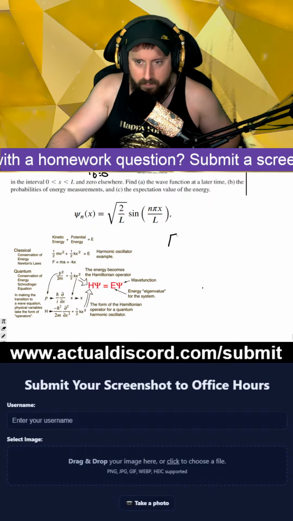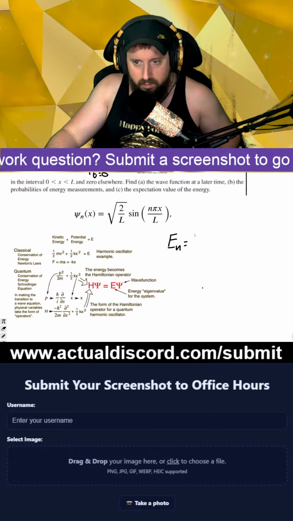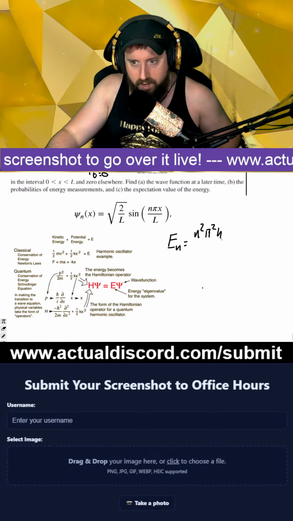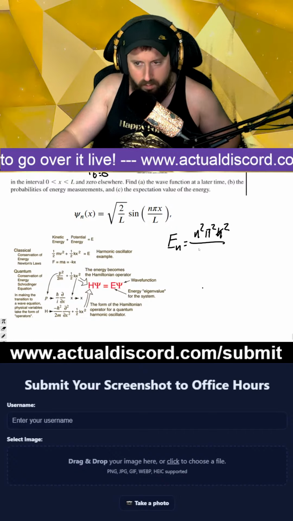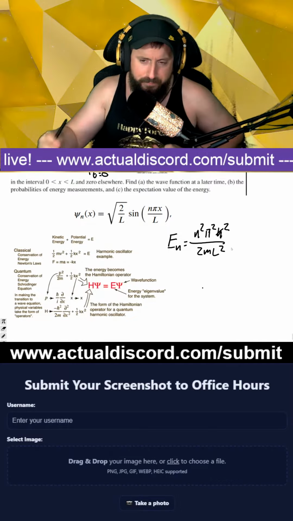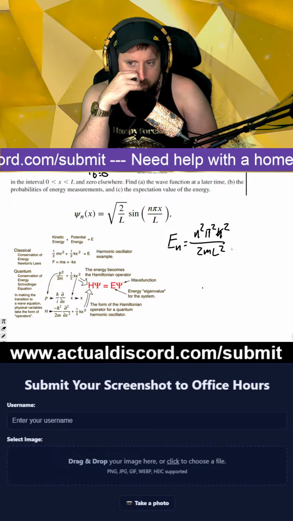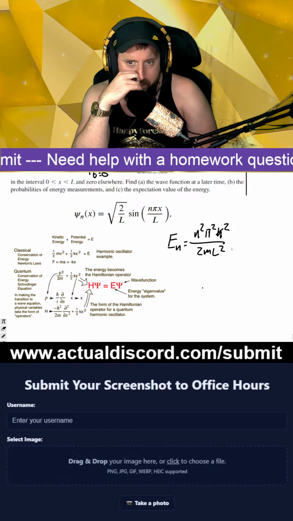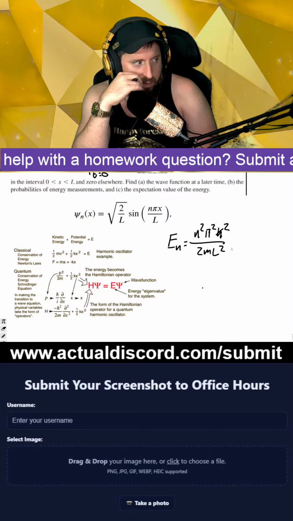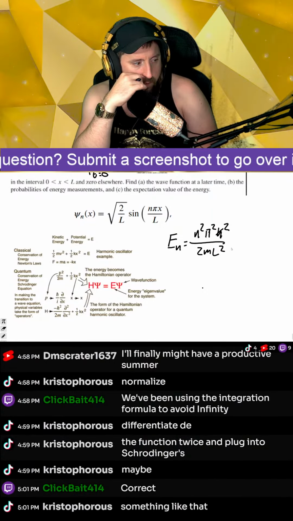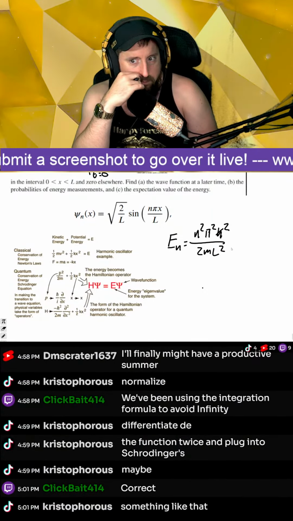Where I think for the infinite potential well, it's like n squared pi squared H bar squared over 2mL squared, yeah? Yeah, something like that, right?